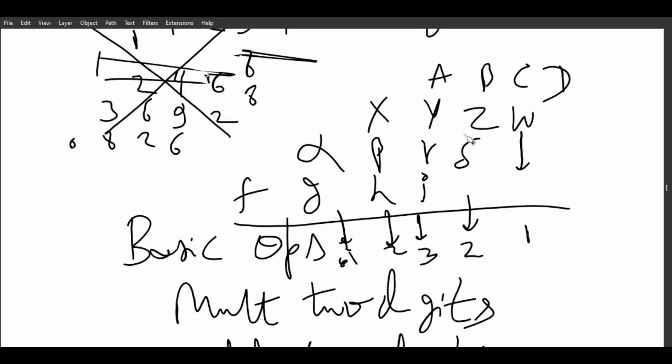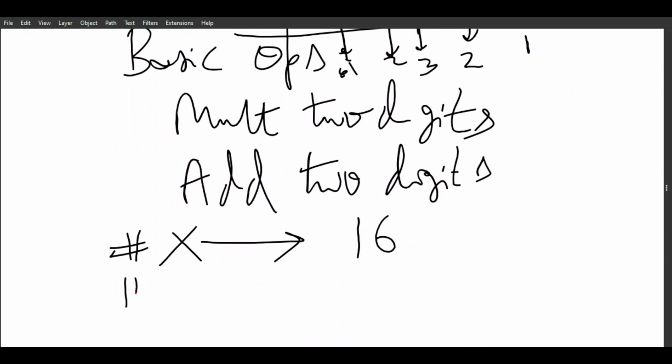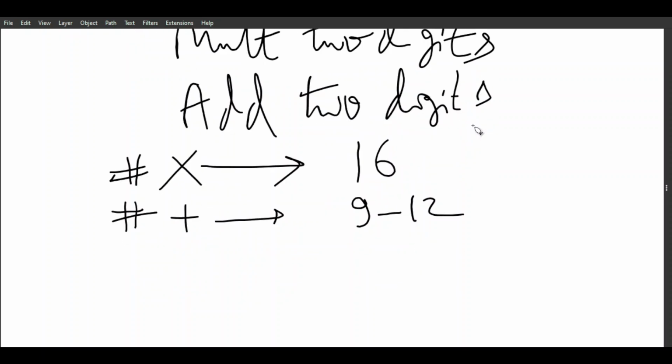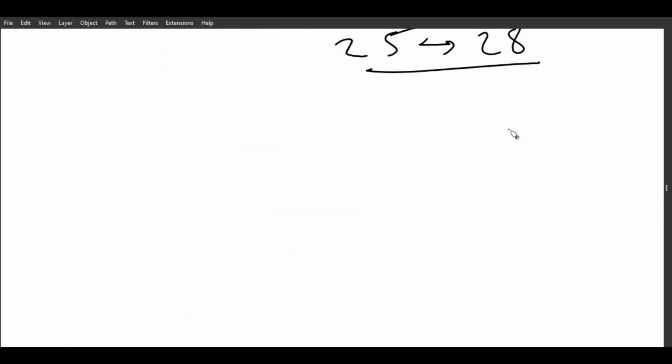You can have some 3 carries, so 9 to 12 additions, something in this range. So adding everything, in total we get 25 to 28 basic operations. Now the same thing we generalize for n digits.